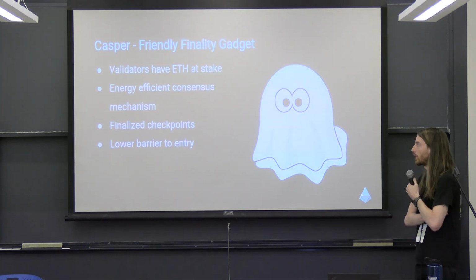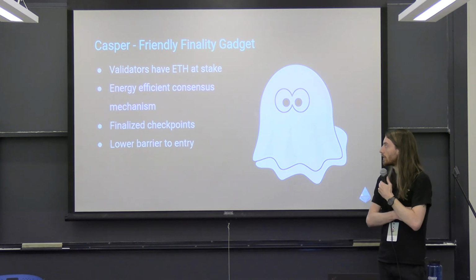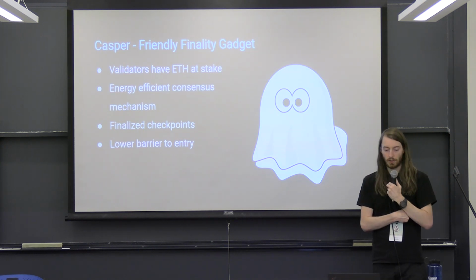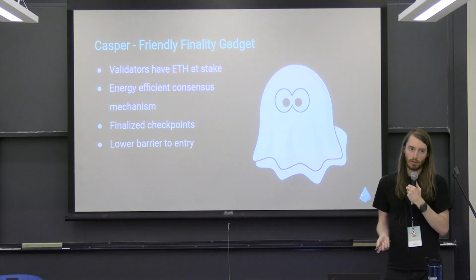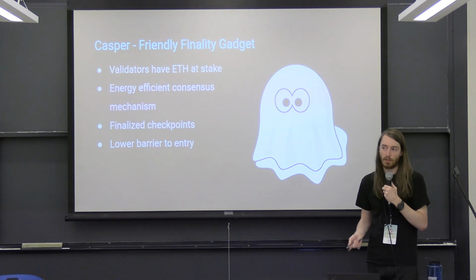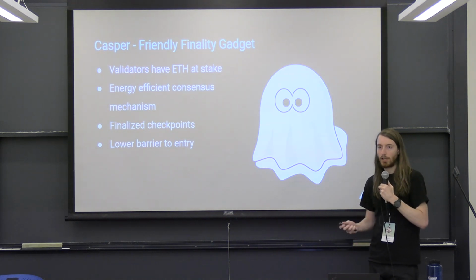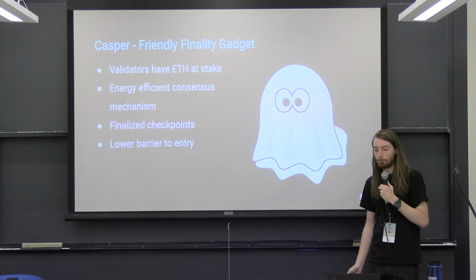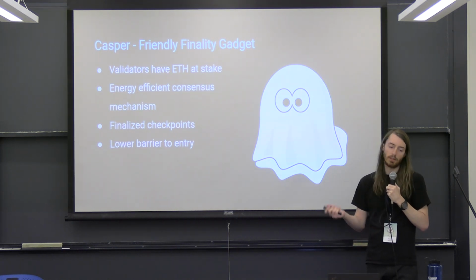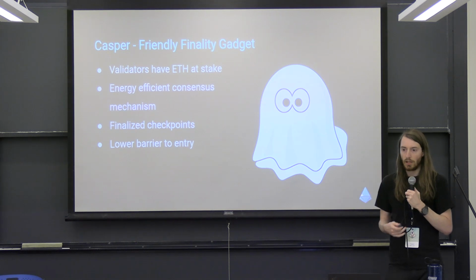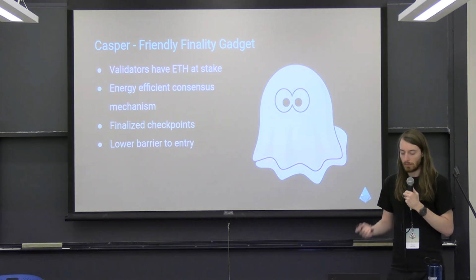Taking a look at Casper real quick, this is the proof of stake mechanism to replace proof of work. So it is much more energy efficient, where we don't have to calculate this really expensive cryptographic puzzle. We're really just putting up some value at stake and saying, I can be held accountable because if I'm malicious and you can prove it, then you can take my stake away and be rewarded for keeping the system in check.